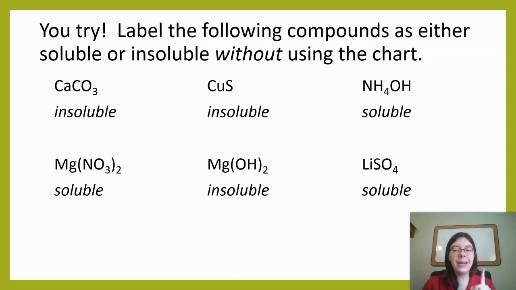But Rule 1 is more important, so that will be soluble. The next one, magnesium nitrate. The nitrate is the N of our NA, so it is soluble. For magnesium hydroxide, we have a hydroxide, one of those COPS species, so it's insoluble. And then lithium sulfate. Lithium is an alkali metal, so it is a soluble compound.